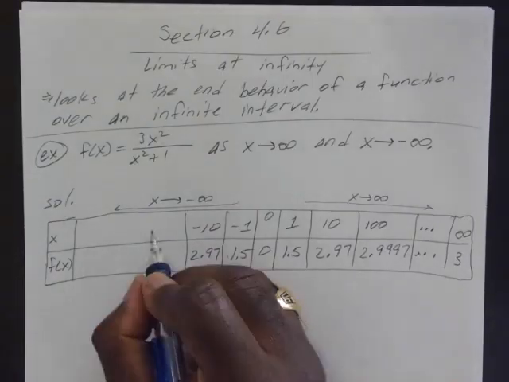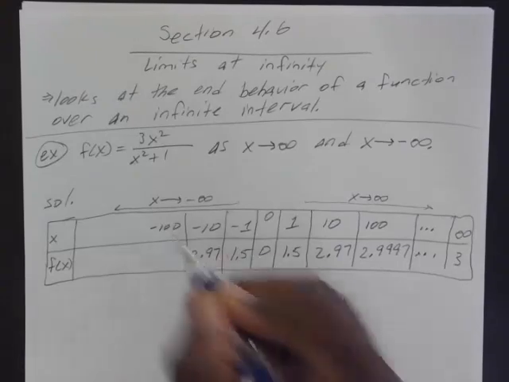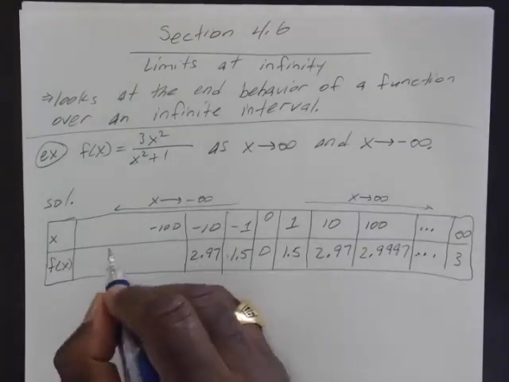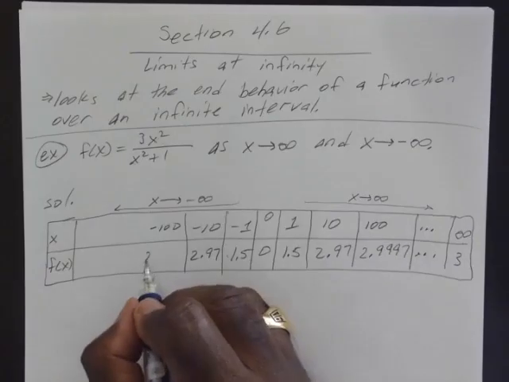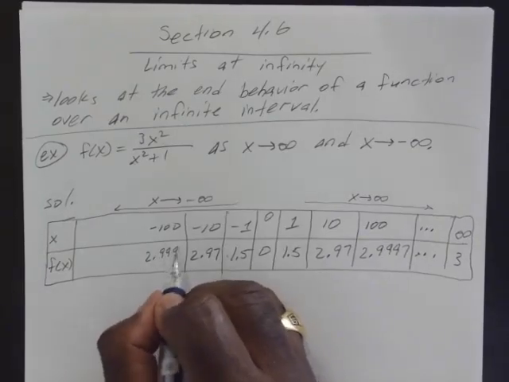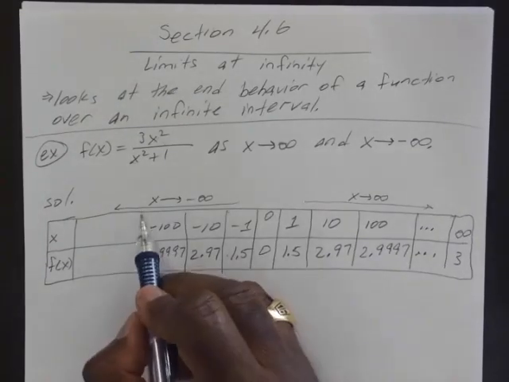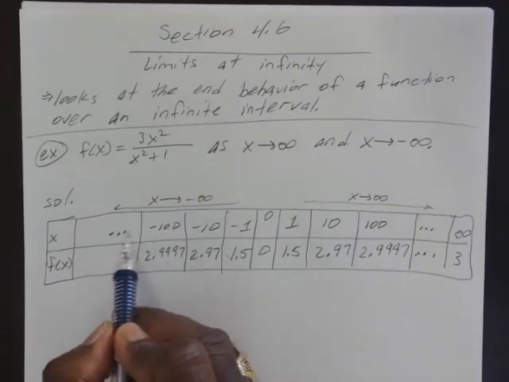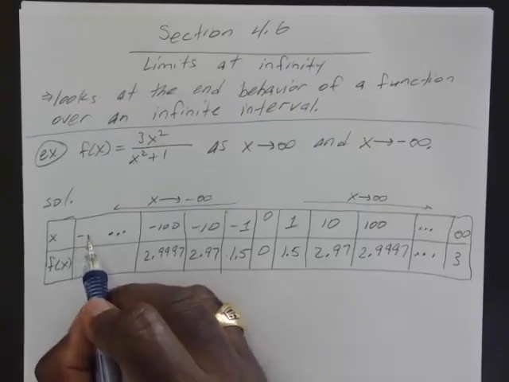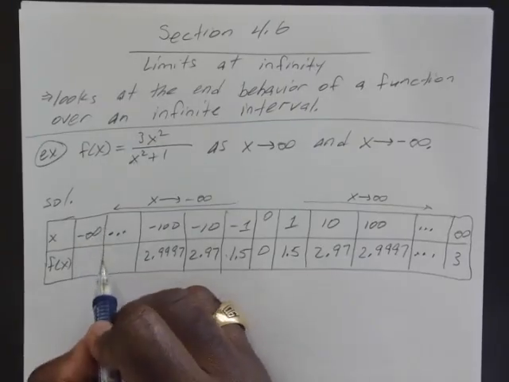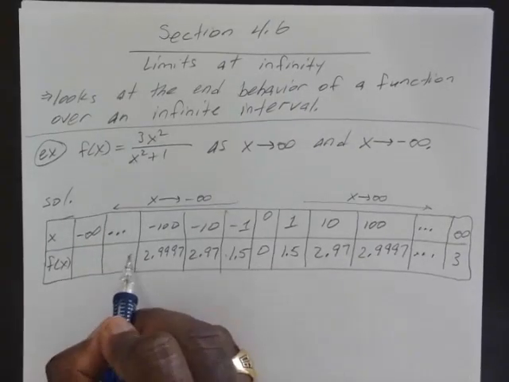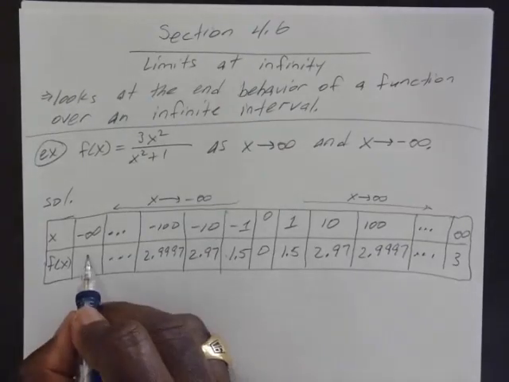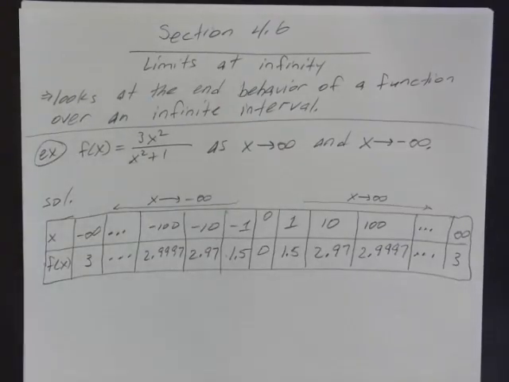If we plugged in -100, we'd still end up at positive 2.9997. So if you kept plugging in negative numbers approaching negative infinity, your y value would keep getting closer and closer to positive 3.